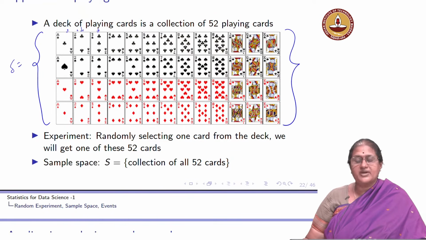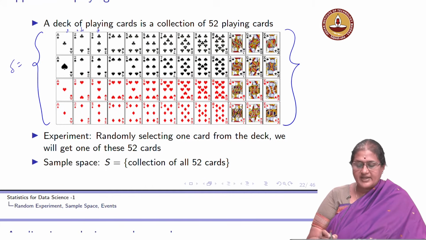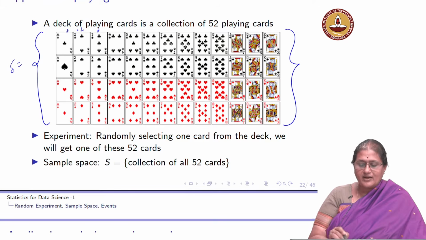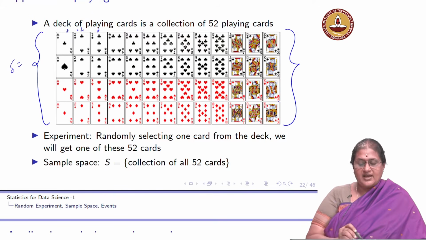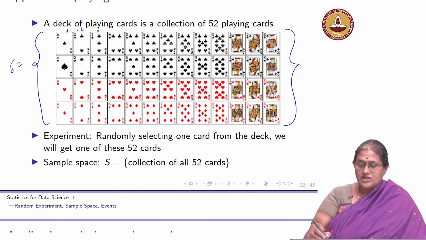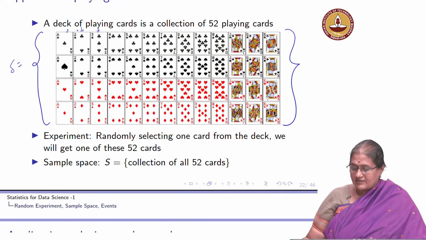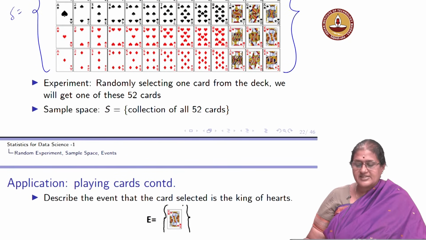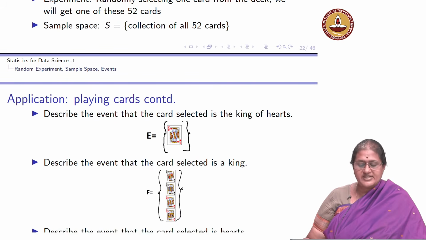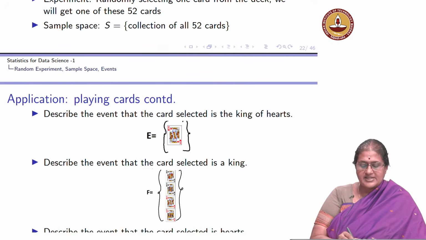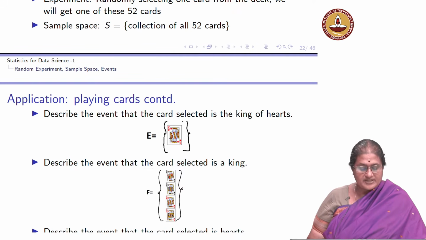I am describing an event which says that the card selected is a king of hearts. I can see that there is only one king of hearts in this entire 52 cards. So, this event E, which I am going to represent as the king of hearts, has only one basic outcome, and that is nothing but the king of hearts.